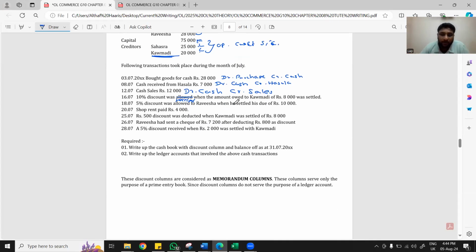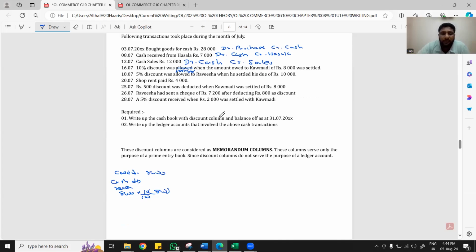So how much is that amount? Creditor 8,000, cash discount received 8,000 into 10%, that means 800. Then how much is the cash payment? Cash payment is 7,200.